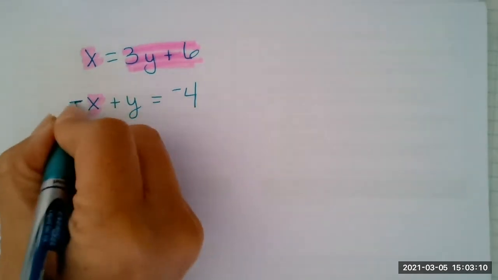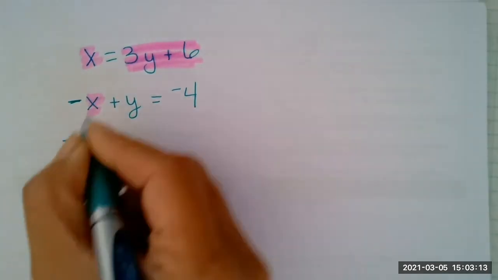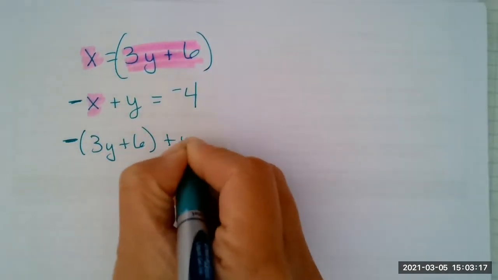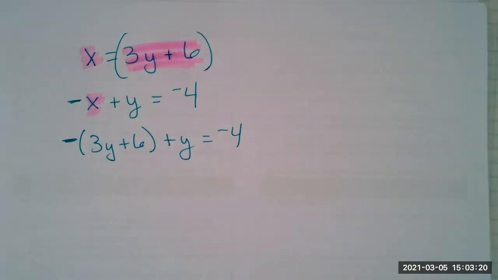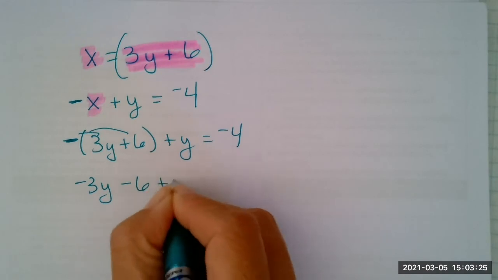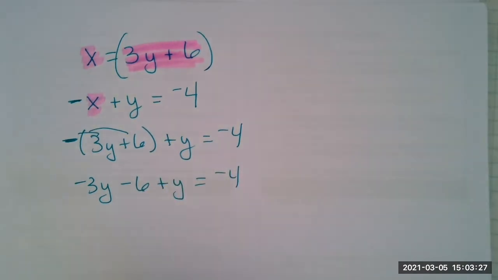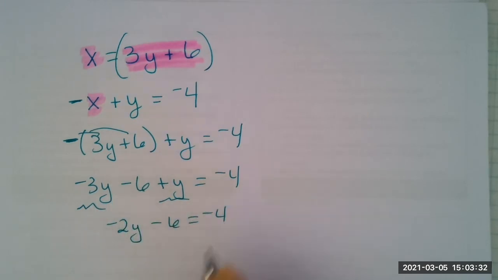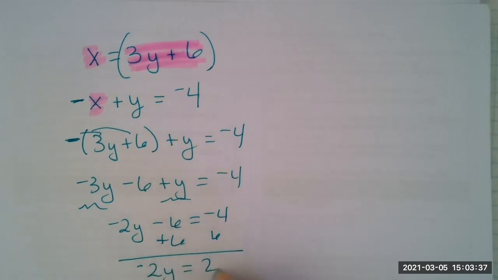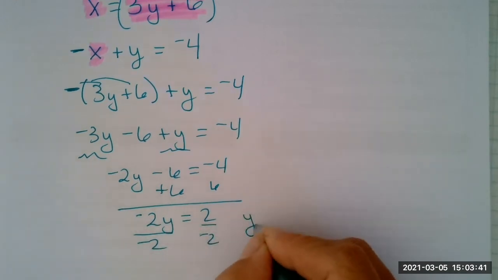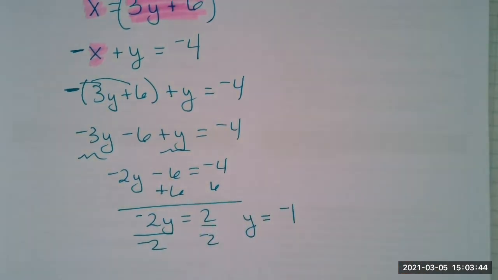See the negative sign out in front? That's got to stay there. This is what's going to go in for the x. Cool? Now we can distribute this. This is going to combine like terms. Add 6. Divide by negative 2. So y equals negative 1.